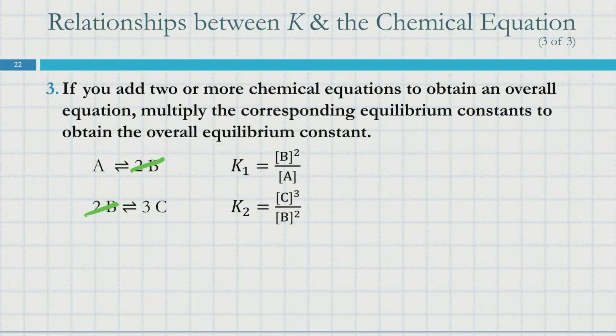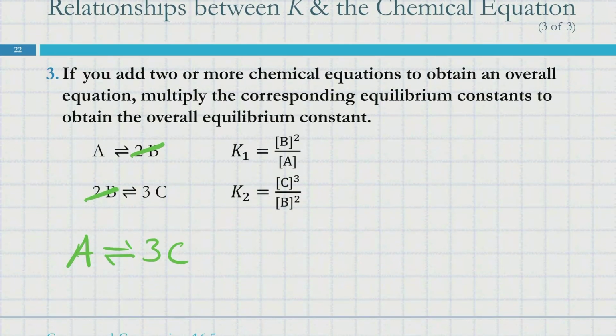So we would expect that those B's cancel out since they're an intermediate, and so our overall chemical reaction would be A in equilibrium with 3C. And we would expect for this equilibrium constant, we'll call it K3, my younger brother, to be concentration of C raised to the 3rd power over concentration of A.